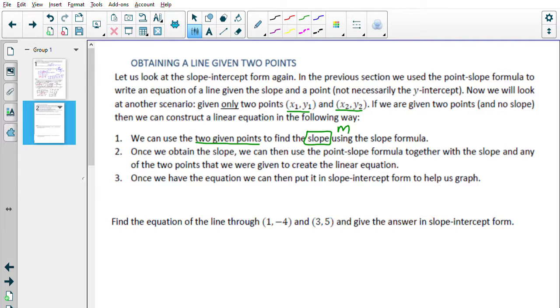Once you have that slope, then you can choose either of these 2 points that you want, choose one of those points and the slope, and use the point-slope formula, y minus y1 equals m times x minus x1. And you don't have to use the 1s, you could use the 2s if you feel like it.